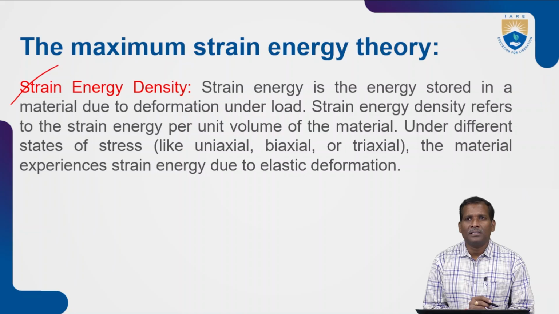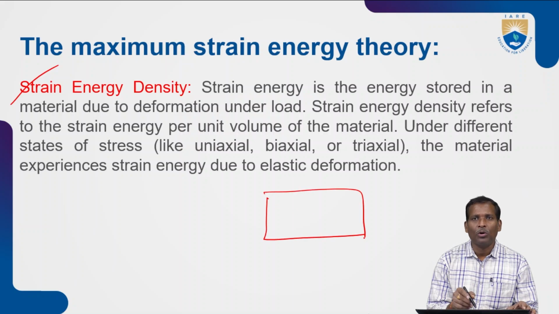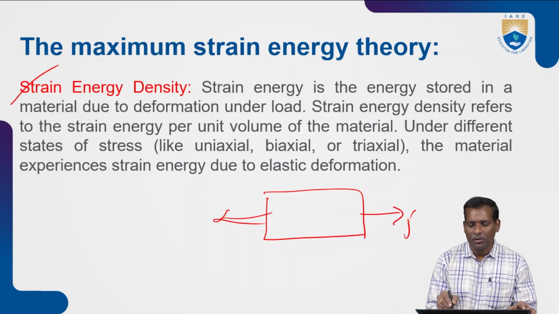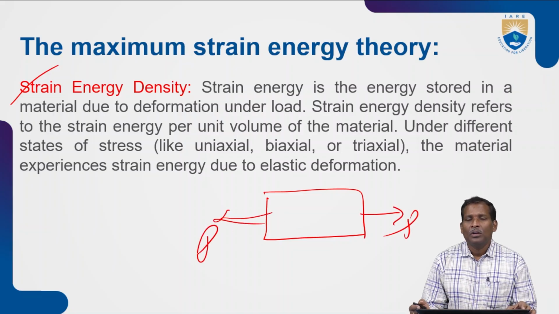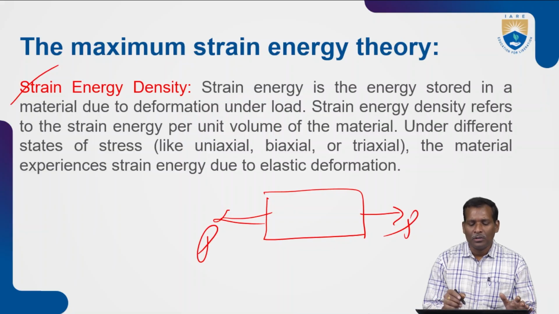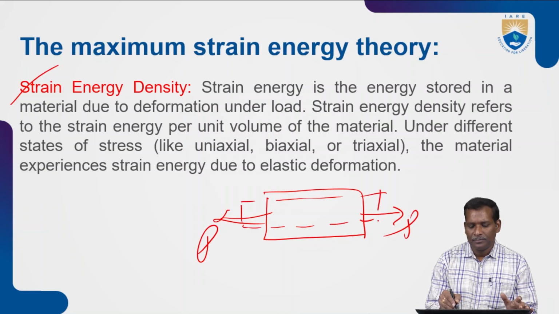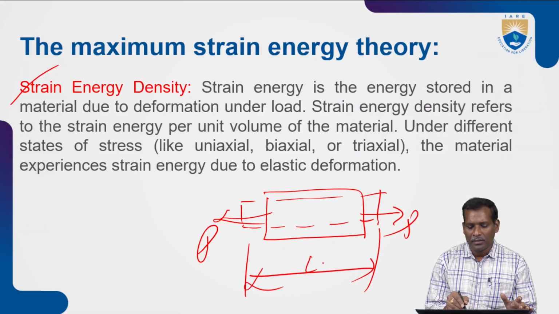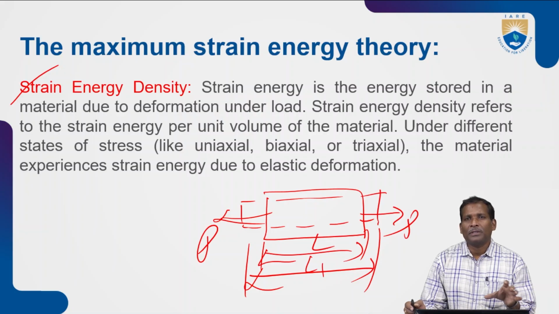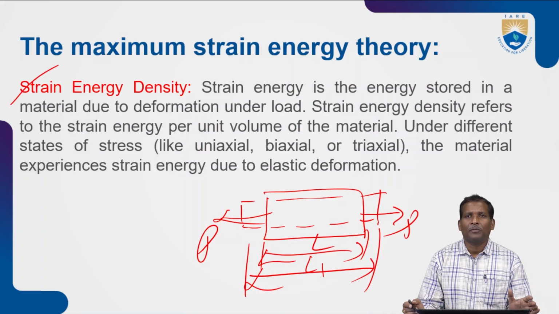Strain energy is the energy stored in a material due to deformation under load. Suppose any object is subjected to a tensile load. Due to this load, some deformation will occur, so the length changes from the original length L to a new length. The strain energy is the energy stored in the material due to deformation under load.